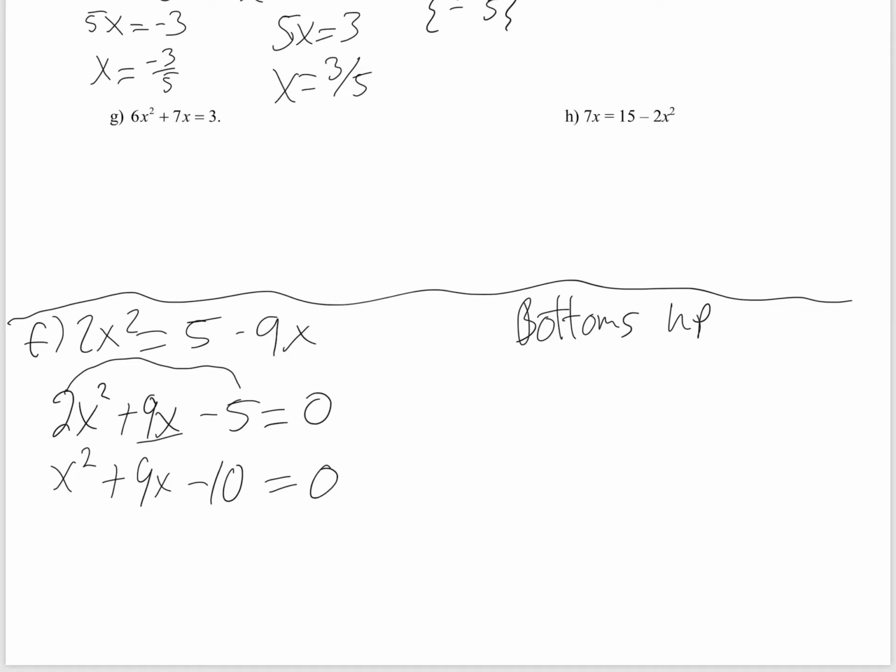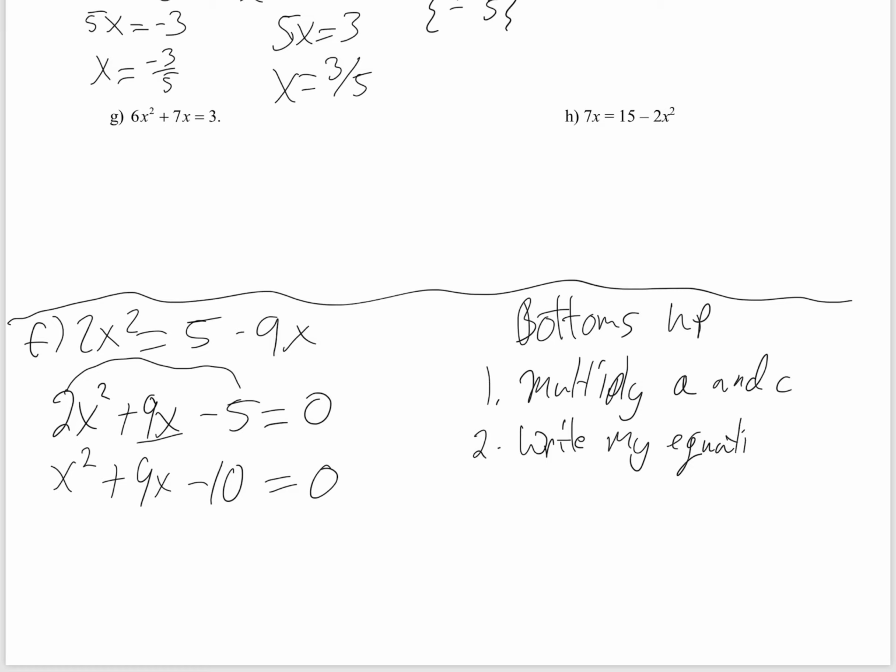So the first step in bottoms up is I multiply the first and last numbers together, right? Those are my a and my c. So I multiply a and c, and then I write my equation as x squared plus bx plus ac equals 0.